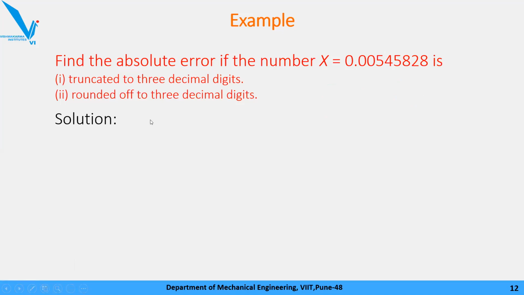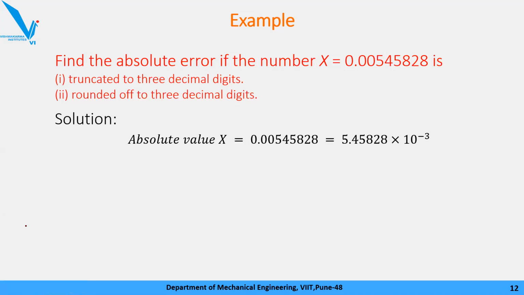So the true value, we know the absolute value of x is as given. I have represented it in decimal format as 5.45828 into 10 to the power minus 3. Now we have to find the error; we have the true value. What about the approximate value?